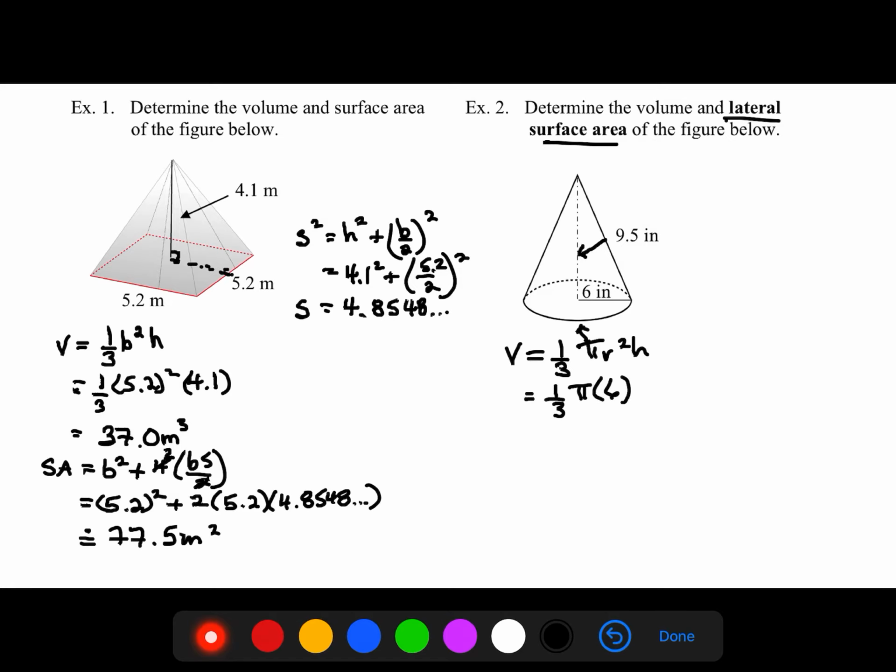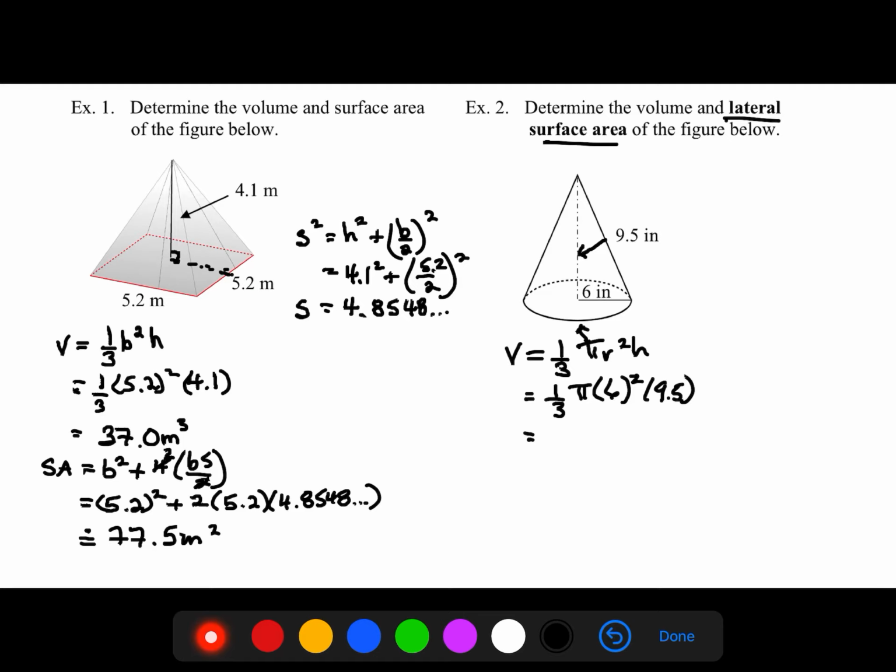Now, again, we notice that this 9.5 should be our height. So 1/3 times pi times 6 squared times 9.5.